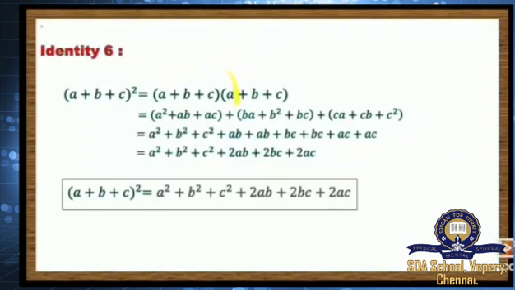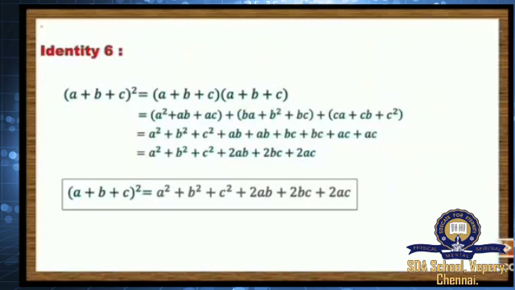So a into a is a square, a into b is ab, a into c is ac. Similarly, b into a is ba, b into b is b square, b into c is bc. Similarly, c into a is ca, c into b is cb, and c into c is c square.